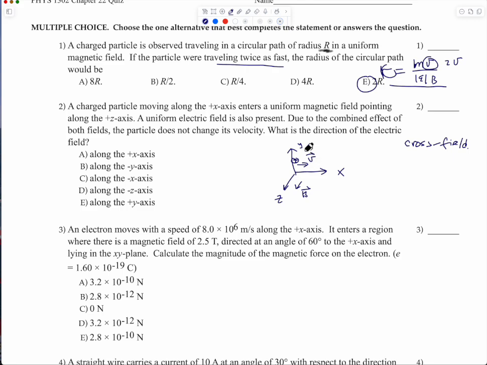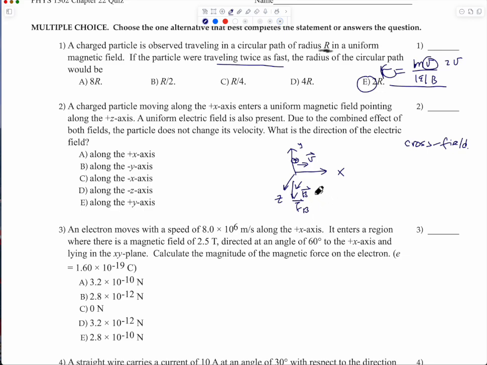Use your right-hand rule: velocity direction, then sweep to the magnetic field direction. That gives the magnetic force direction.